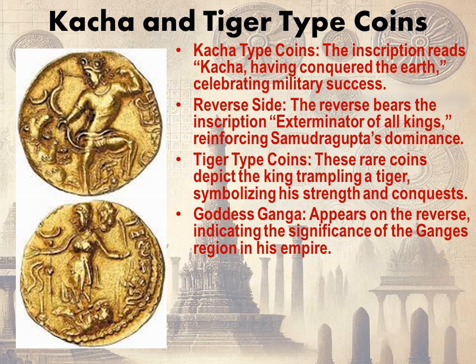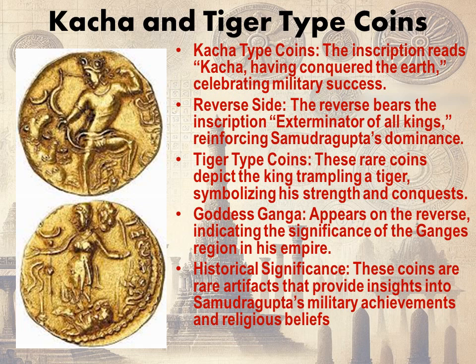Goddess Ganga appears on the reverse, indicating the significance of the Ganges region in his empire. So, Goddess Ganga appears on the reverse side of his coins, and that signifies the sacred nature of river Ganga during his time. And even now, Ganga is considered to be a sacred river in the Indian subcontinent.